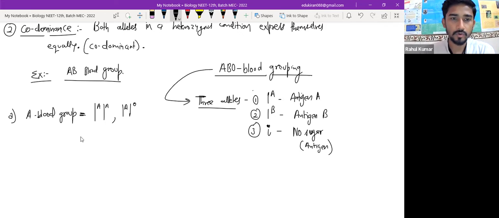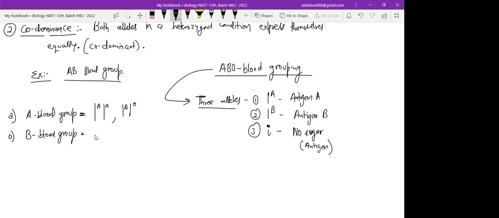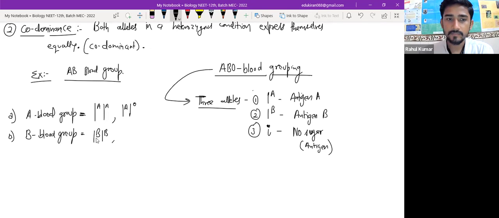Law of dominance is followed, no codominance. The second group is B blood group. Can you tell me the genotype for B now? Atif? IBIB or IBIO. Yes, this is the same, homozygous, or if this is the condition, then again law of dominance is there, right?